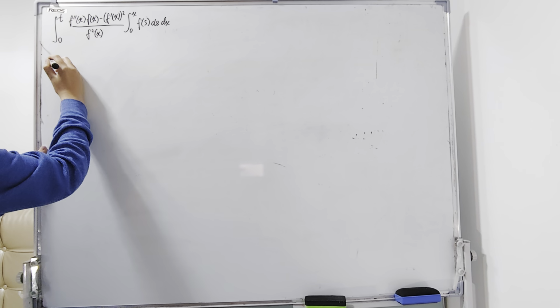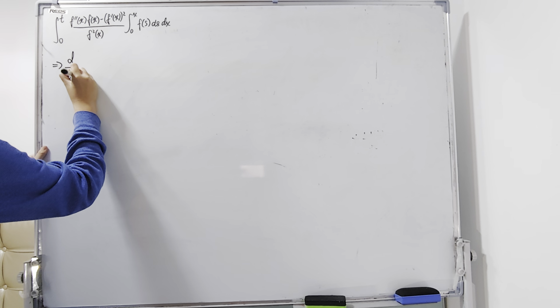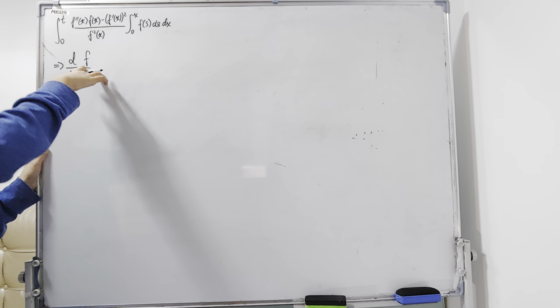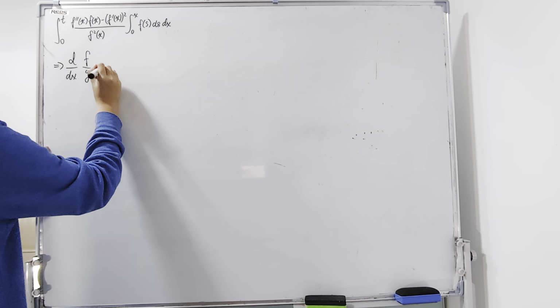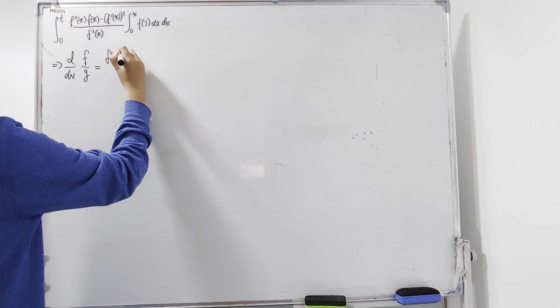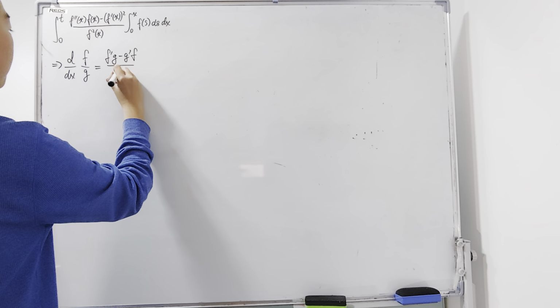Because if you recall the quotient rule for derivatives, right? The dx of f over g, where f and g are shorthand for functions, is going to be equal to the derivative of f times g minus the derivative of g times f, over g squared.